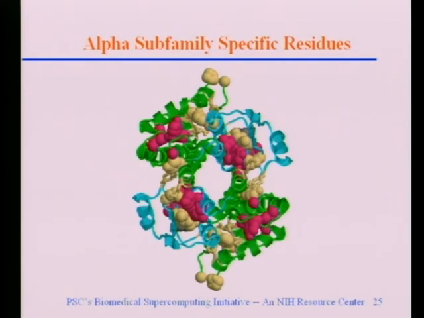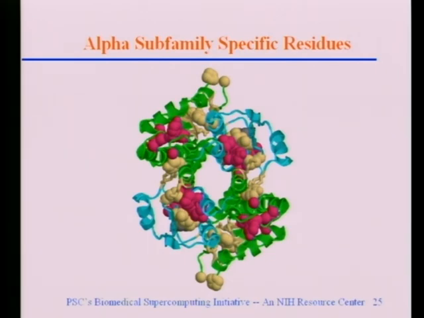The ones that are in wheat but a bond representation are those that are in contact with one of the wheat space filling groups across either, in this case, the domain interface or across the subunit interface.